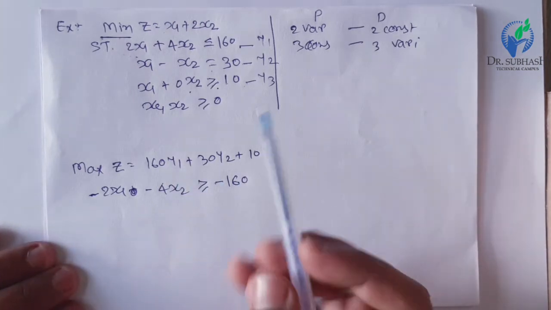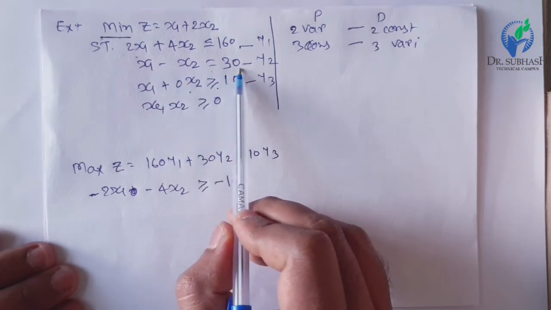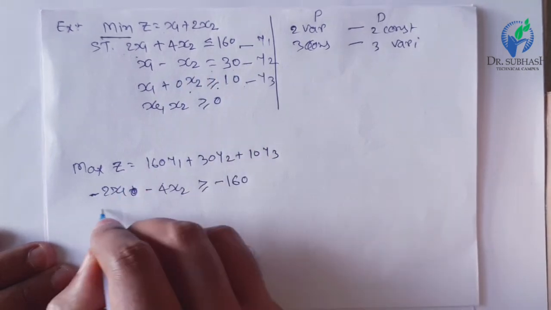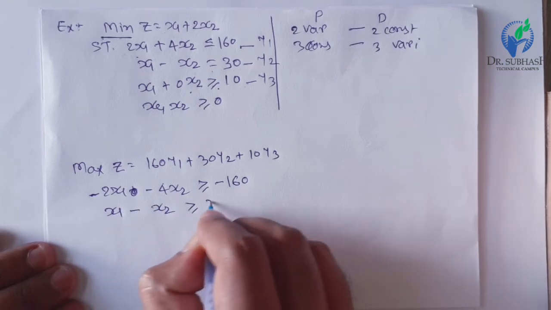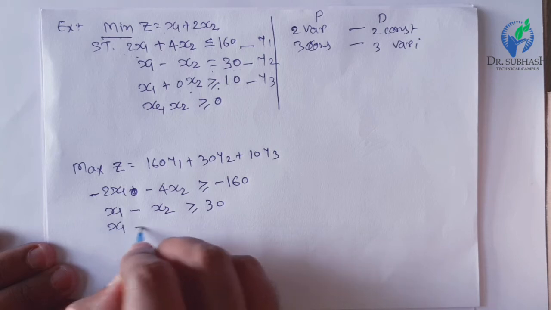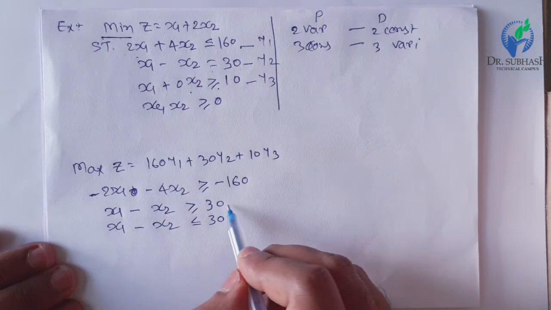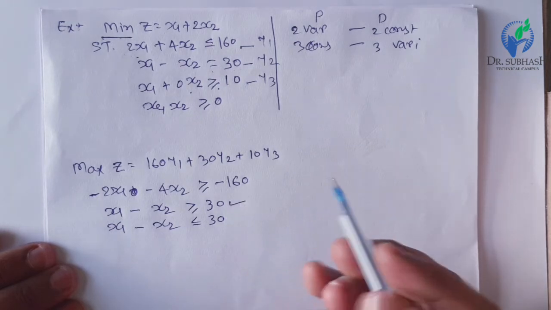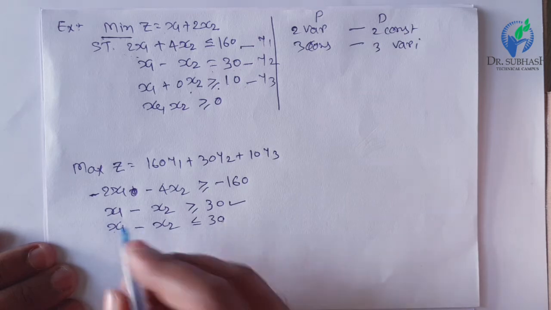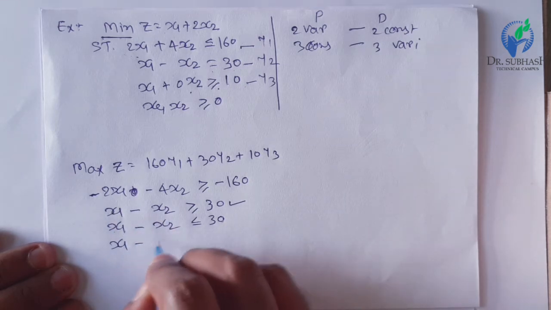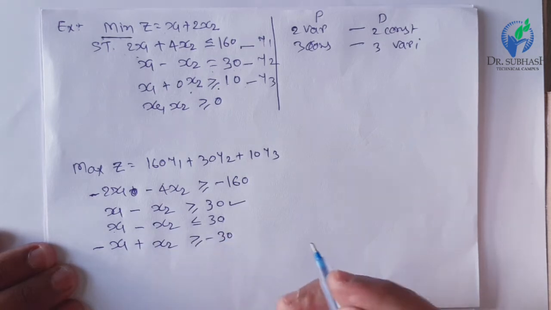Now for constraint number 2, it is given that x1 minus x2 equal to 30. So there can be 2 possibilities. One possibility is x1 minus x2 is greater than or equal to 30. Another possibility is x1 minus x2 is less than or equal to 30. For the first possibility we don't have any problem, but for this inequality sign we have to consider minus x1 plus x2 greater than or equal to minus 30.